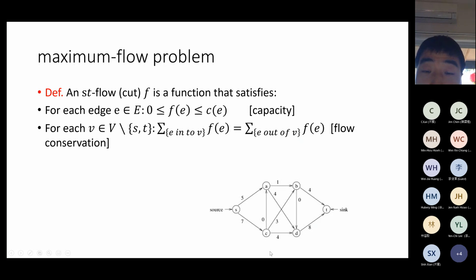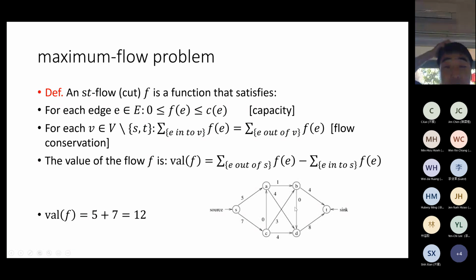You can see this is actually an S-T flow, because for C, everything coming in is 7 and outgoing is 7. For A, coming in is 5, outgoing is 5. And for B, oh, I got something wrong, sorry.